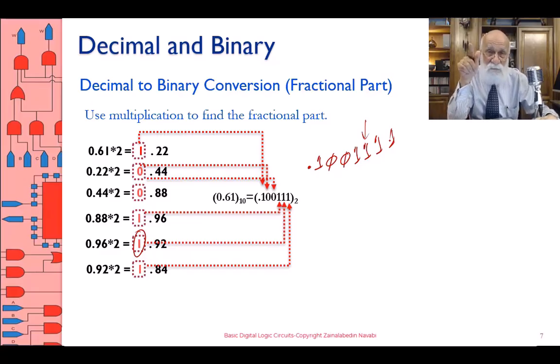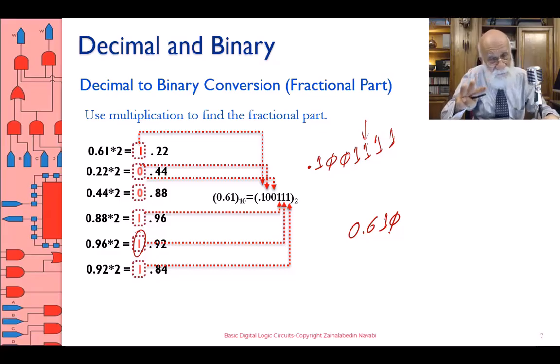The rule is, as you are converting, as you are multiplying, in order to keep the same precision, every decimal digit translates to 3 binary digits. Okay, look, if I had 0.610 here, that means I have 3 decimal digits.